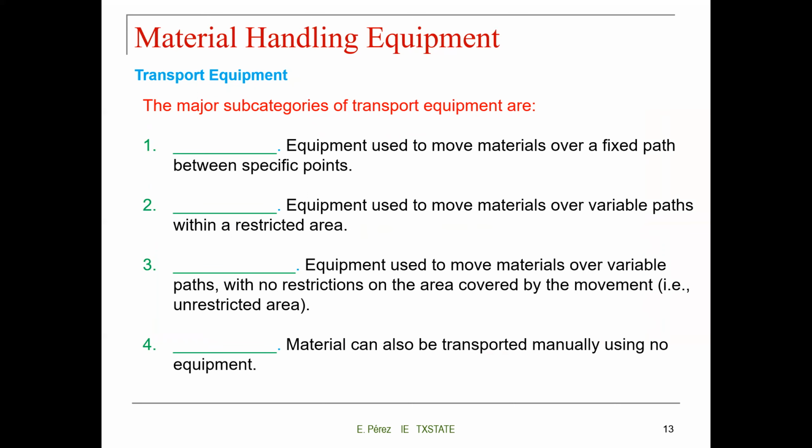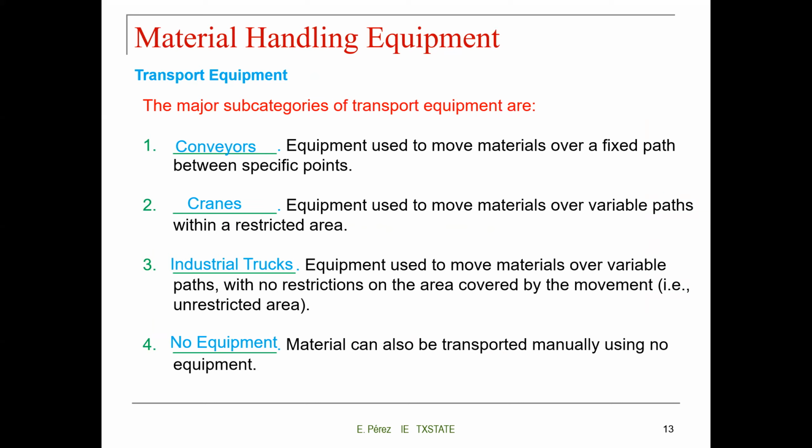So in terms of transport equipment, which was our first category, the major subcategories are conveyors, cranes, industrial trucks, or no equipment. Conveyors are commonly seen on manufacturing floors. This is equipment used to move materials over a fixed path between specific points.